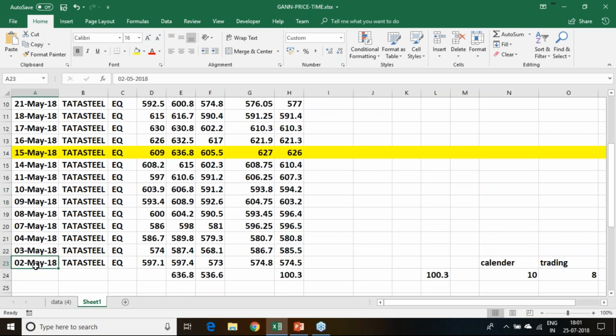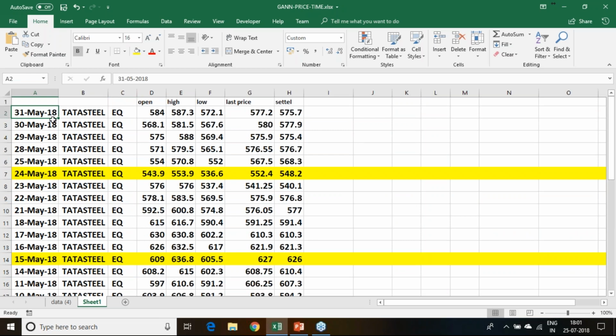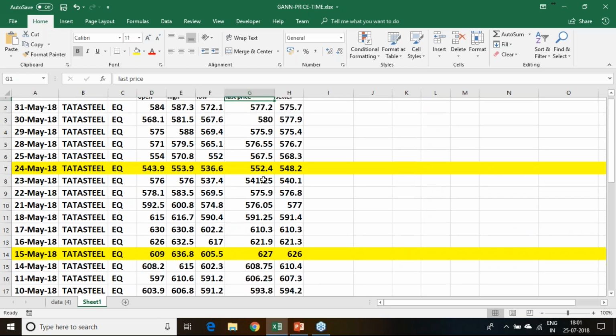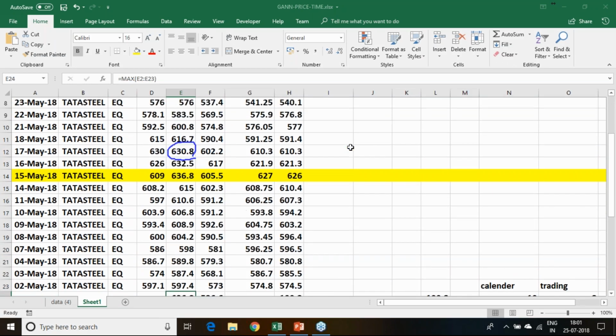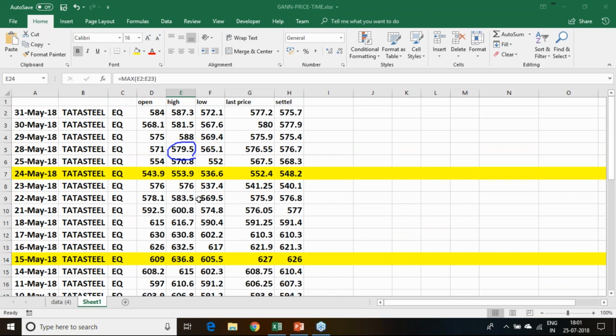I have taken 2nd May to 31st May, and these are the price information: open, high, low and last traded price. The high was formed on 15th May, at 636.8, which is the high Tata Steel has formed, and on 24th May it gave the low of 536.